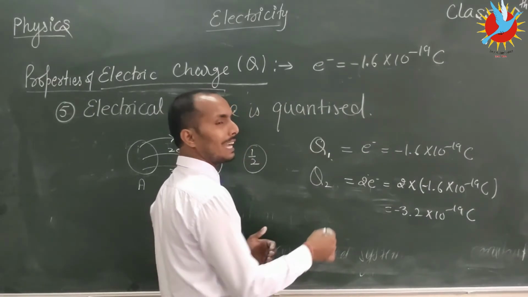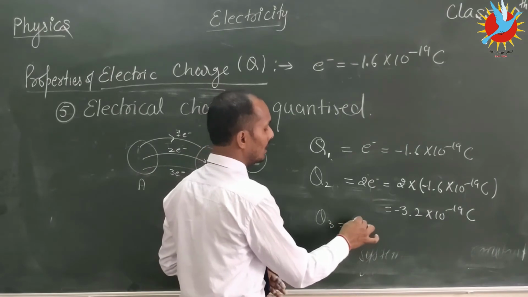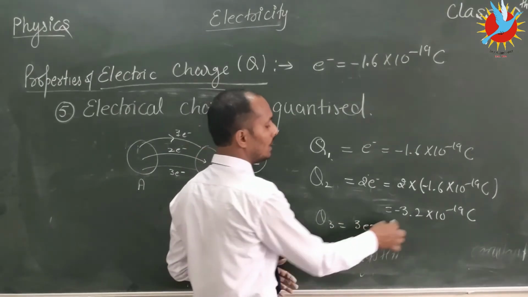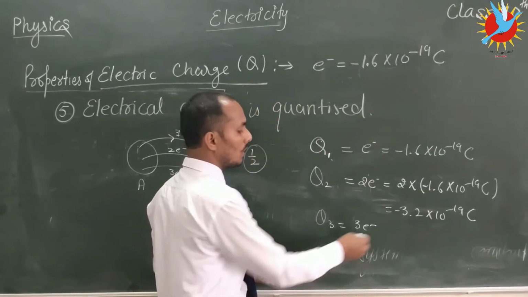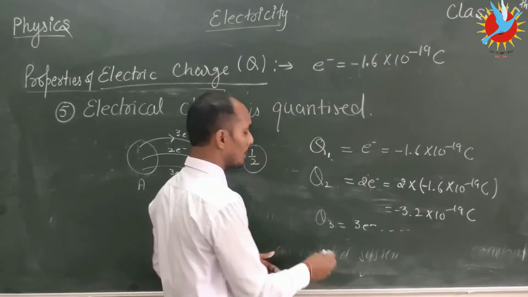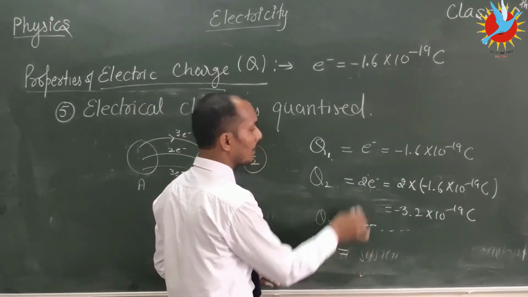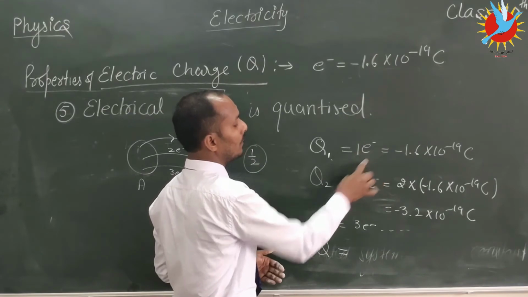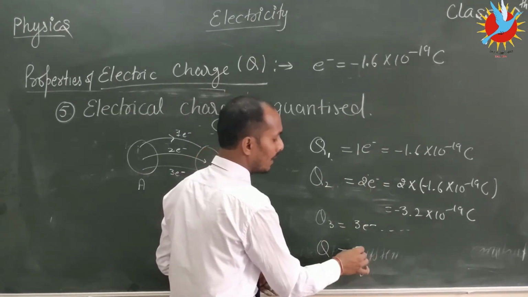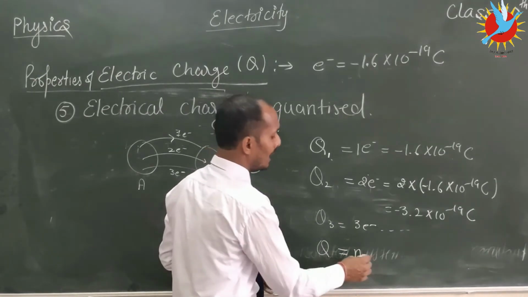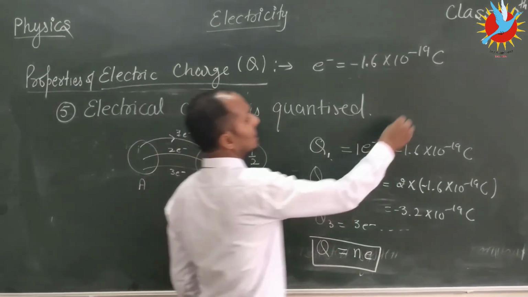And so on, if 3 electrons are transferred, then 3 into minus 1.6 into 10 raised to power minus 19, and so on, 4, 5, 6. Suppose n electrons are transferred, then what's the formula? For 1 electron it is e, for 2 electrons 2e, for 3 electrons 3e, for n electrons, n into e. So this is the formula of quantization.